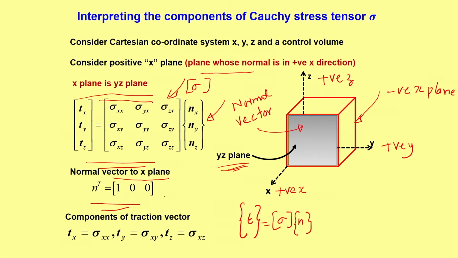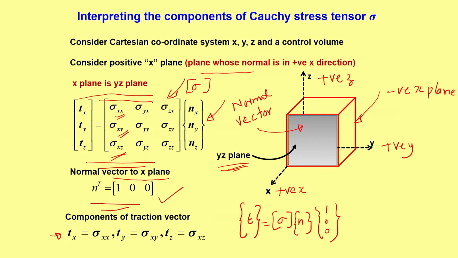So, if you substitute the value of n, that is for positive x plane 1 0 0 here, and do the matrix operation, you will see that Tx is equal to sigma xx, Ty will be equal to sigma xy and Tz is equal to sigma xz.